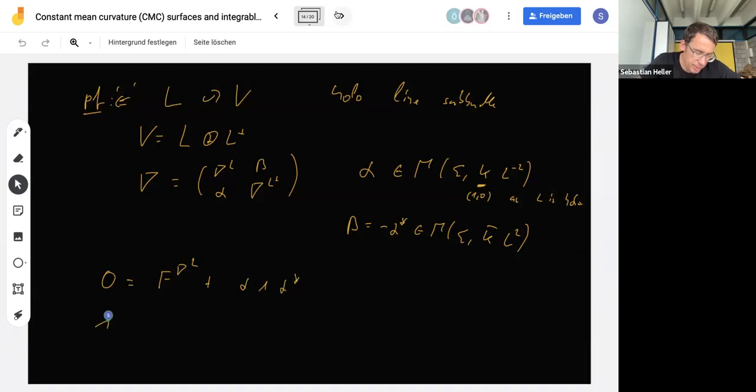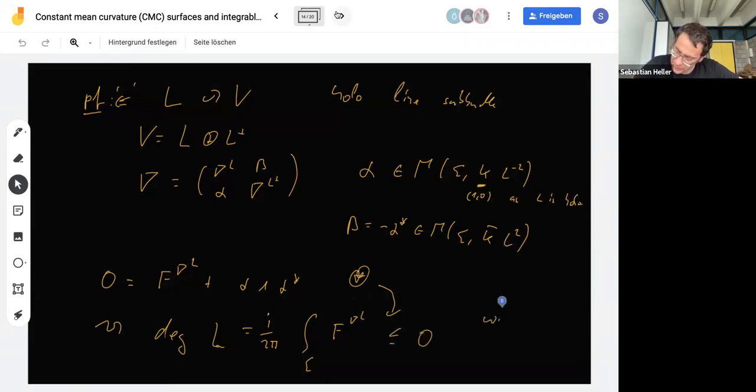So if we integrate up, we get that the degree of the line bundle L, the topological degree, is given by a rescaling of the integral over the curvature by Chern-Weil theory. So we take that curvature and integrate it up. And due to this observation here, we can easily see that this is less or equal than 0, with equality if and only if alpha is 0.